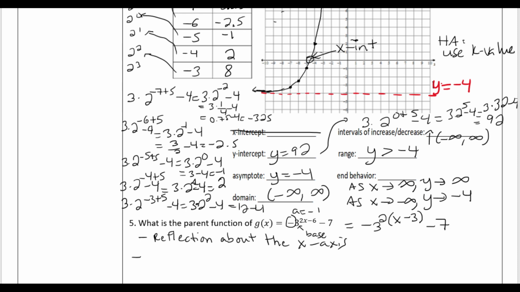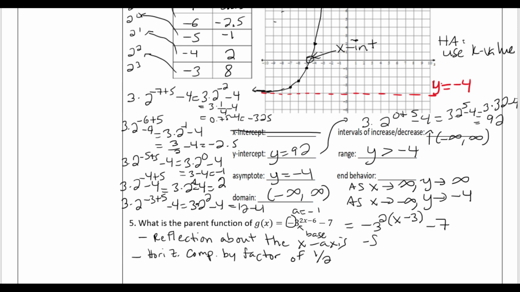So every time you have a number in front of x, pull that out and factor it out and then figure out what the inside is. All right, so our c is 2, and remember, if c is greater than 1, that means it's a horizontal compression by a factor of 1 over c, which c is 2, so it's 1 over 2.